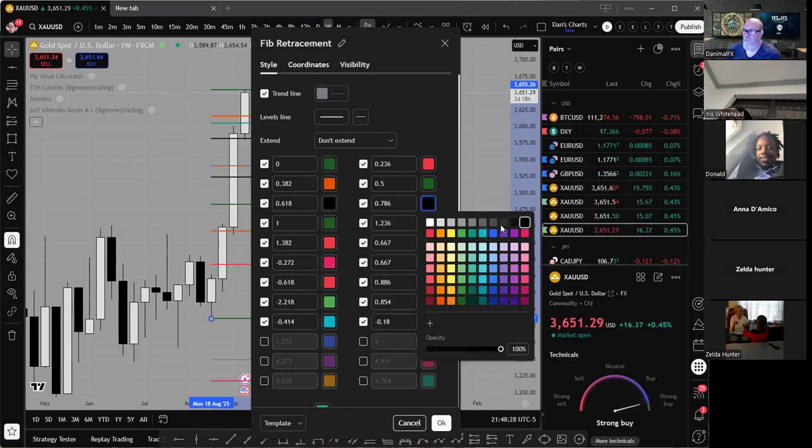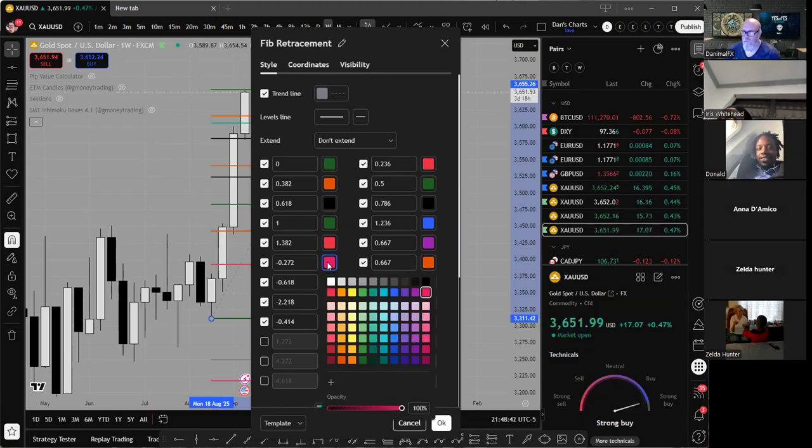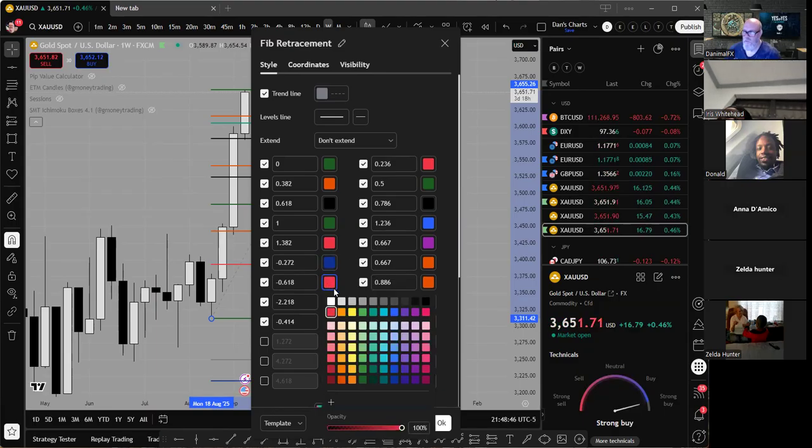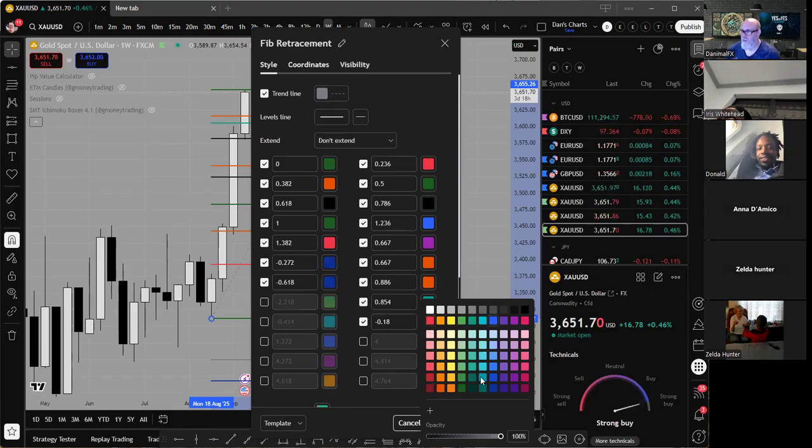So I added a few different lines that aren't normal, but this was something that I learned from somebody else. 272. Yeah, I'm making a new template. Basically, I'm just taking different numbers and making them so you can see what I'm looking at.